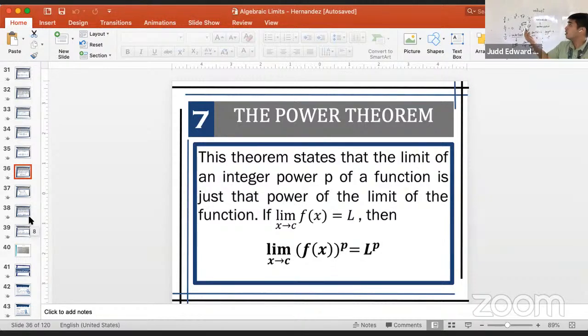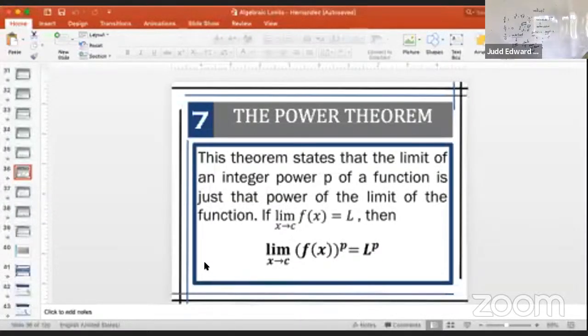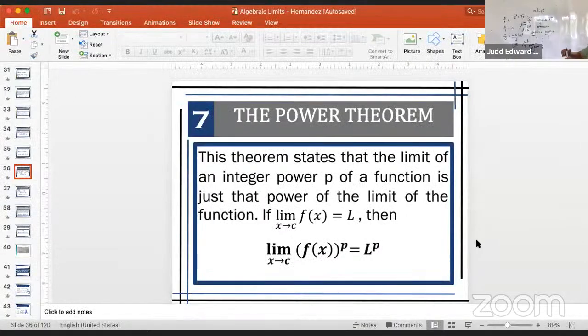Okay, what if I am given naman this one? I am given cube root of square root of x. What happens if we're given cube root of square root of x? We could rewrite this as x raised to 1/2 raised to 1/3.